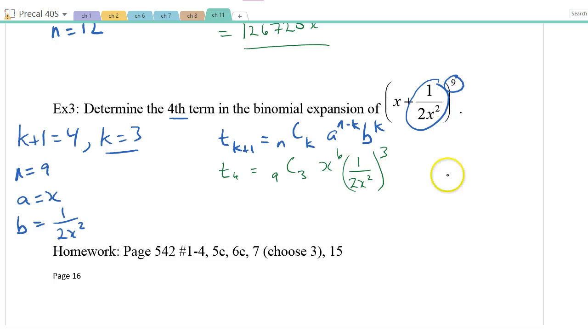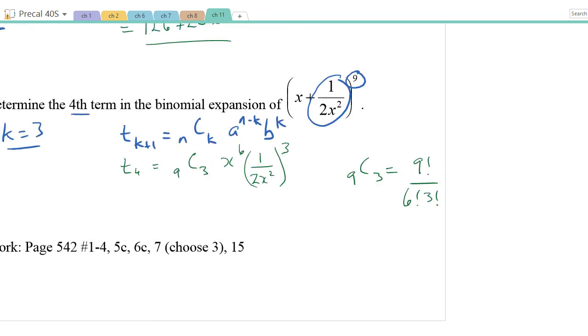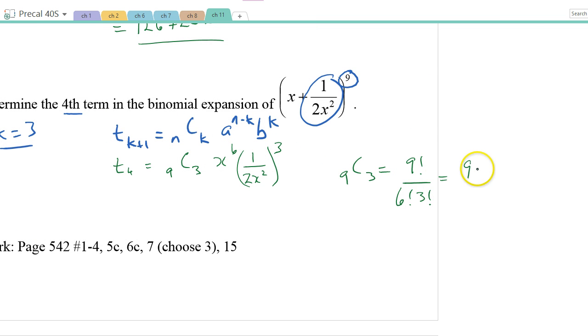Alright, so figuring out our 9c3, that's going to be equal to 9 factorial over 6 factorial, 3 factorial. So that would be equal to 9 times 8 times 7 times 6 factorial, all over 6 factorial times 3 times 2. So the 6 factorials cancel each other out. Here I can get rid of this and make that into a 3, get rid of that and make that into a 4.